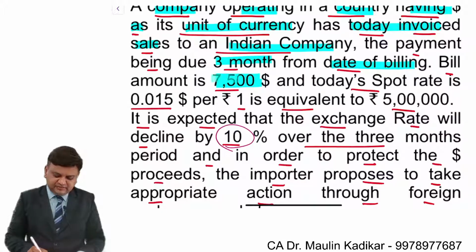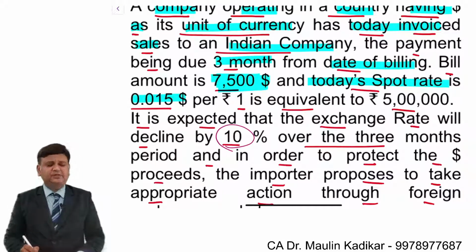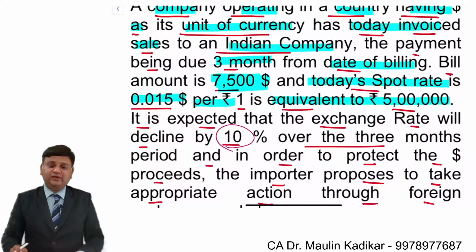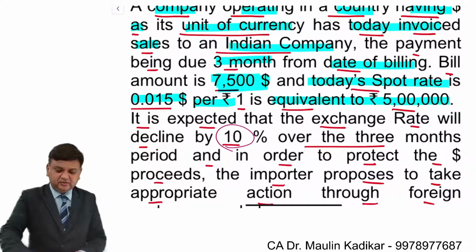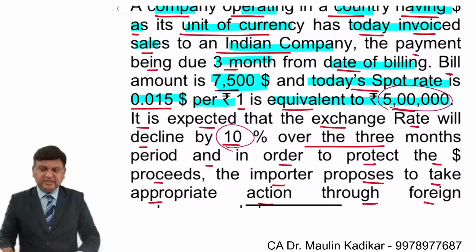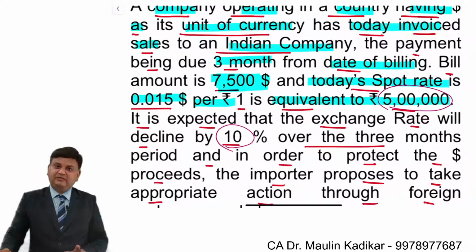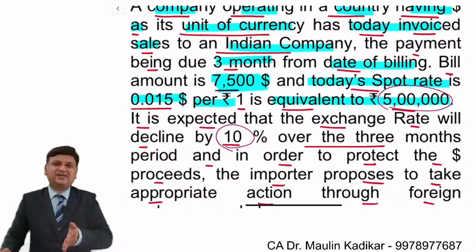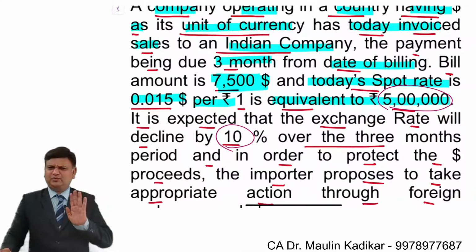Bill amount is $7,500 and at today's spot exchange rate of 0.015 dollar per rupee, it is equivalent to rupees 5 lakhs. Kindly use your calculator: 7,500 divided by 0.015. They have mentioned that using the spot exchange rate, the amount is 5 lakhs of rupees. However, the consideration remains in the dollar currency only. It is not in the rupee currency.